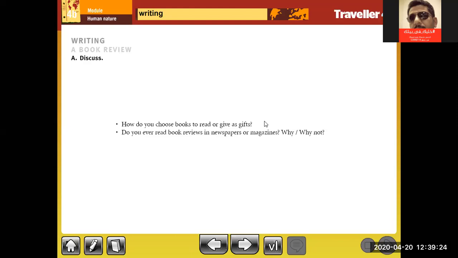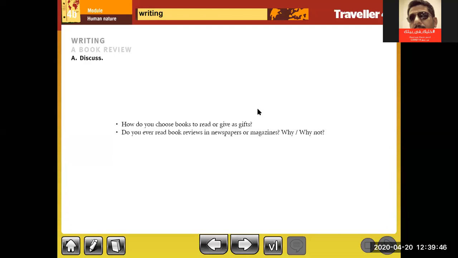If you want to choose a book to give as a gift to your father, your mother, your grandfather, your uncle, or even your friend, suppose that your father likes politics. So you will choose a book of politics for him.